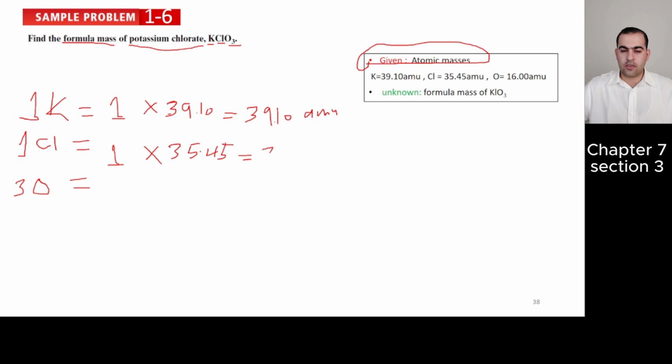So again it equals 35.45 AMU. Okay, good.